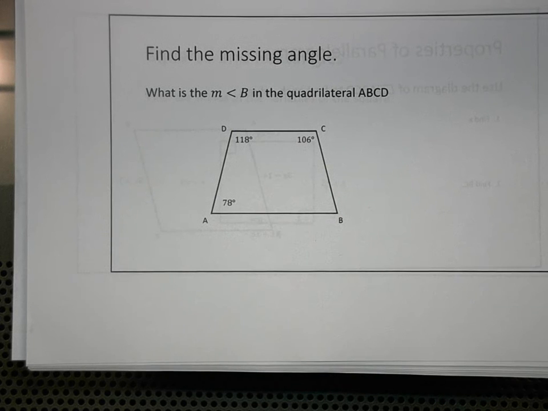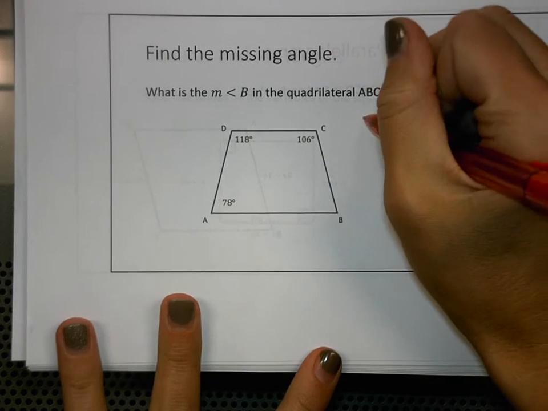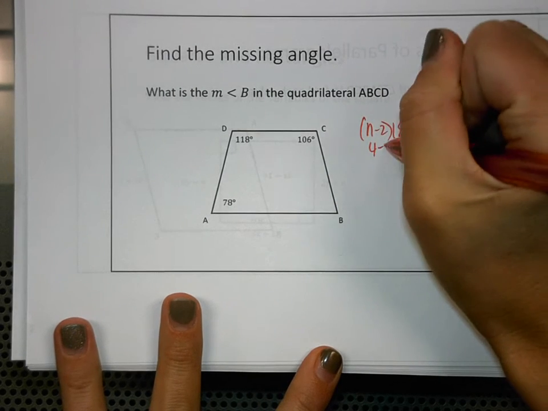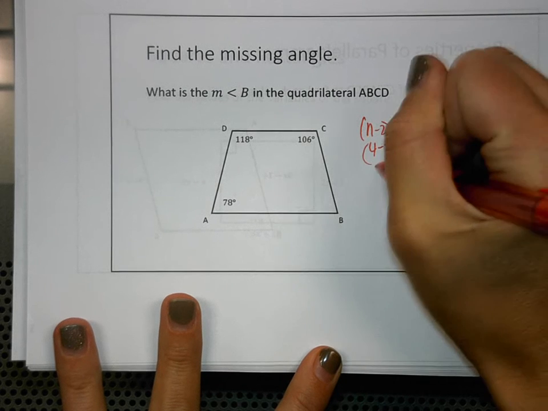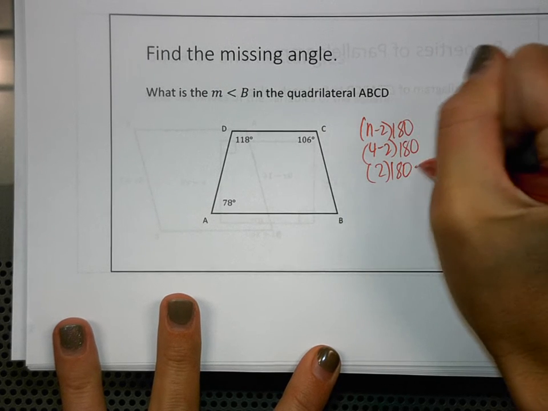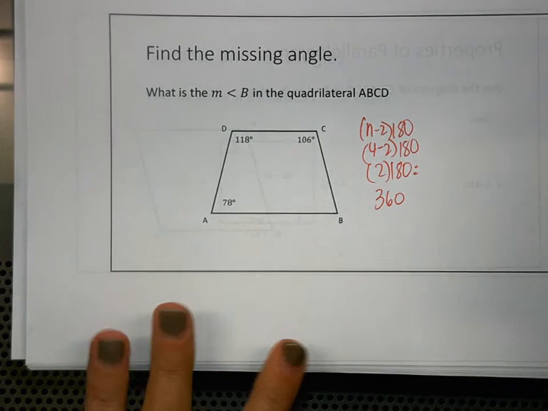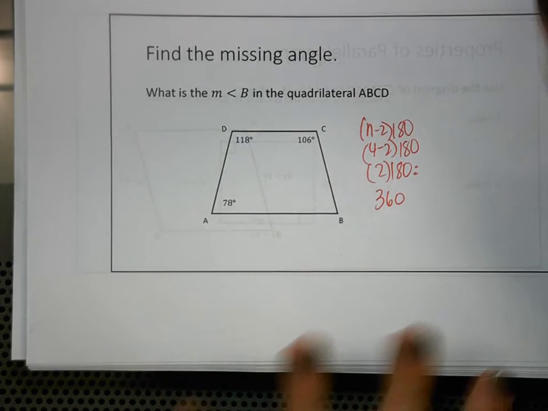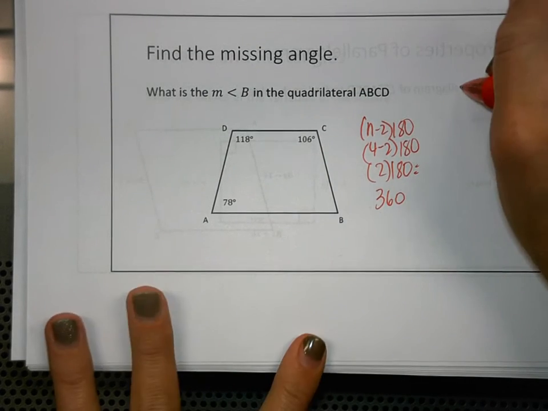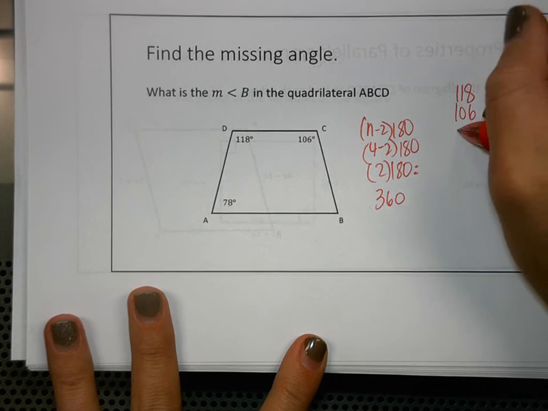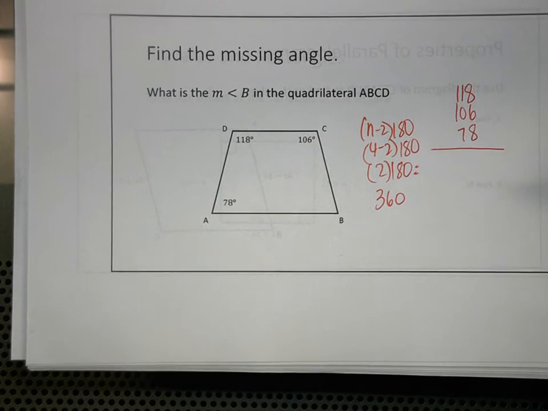The first thing you need to figure out is how many degrees your total shape should have. You can always use your formula n minus 2 times 180. So you'd have 4 minus 2 times 180, 2 times 180, which is 360. The next thing you need to do is add up all the measures you have. One thing I would remind you is that when you have a 90-degree angle, sometimes they do the little box, but they don't have the number.